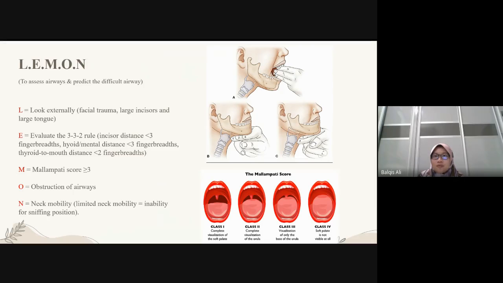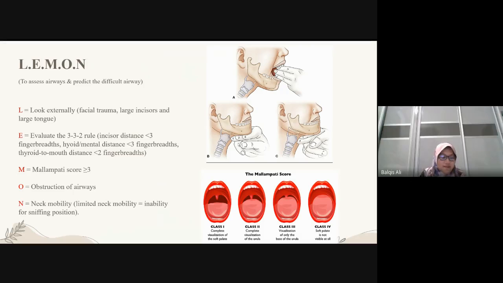So three fingers of the mouth opening is to assess the ease of the airway for us to insert the laryngoscope and also to visualize the glottic opening. And then three fingers between the mentum and also to the hyoid.